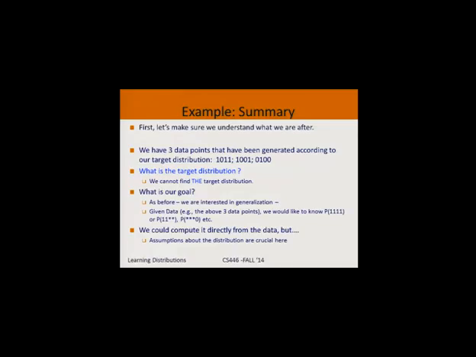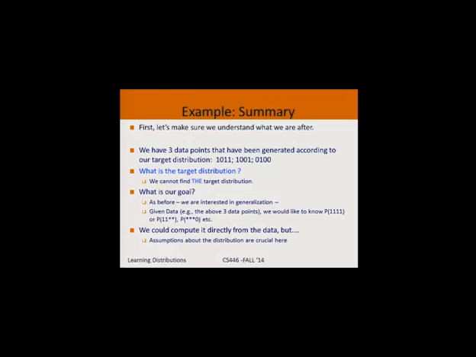There's nothing else, which is wrong, right? I need to make some assumptions on what is the distribution that generated the data so that I can generalize to points that I've never seen. I cannot just assume that that's all the data there is.